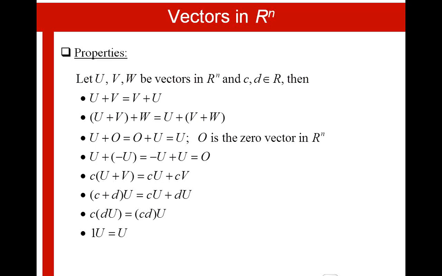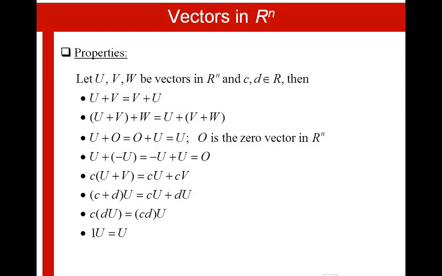The third one is u plus 0 is equal to 0 plus u is equal to u, the 0 vector in Rn. U plus minus u is equal to minus u plus u is equal to 0. Where c is a scalar value, c times u plus v is equal to cu plus cv. This is the distributive property.